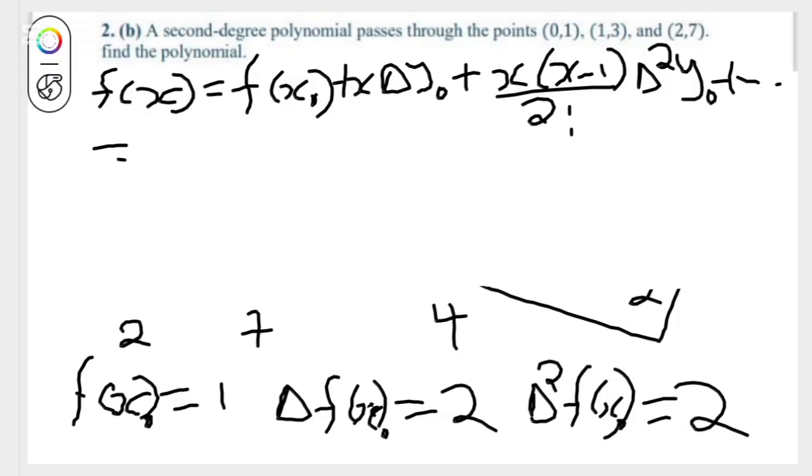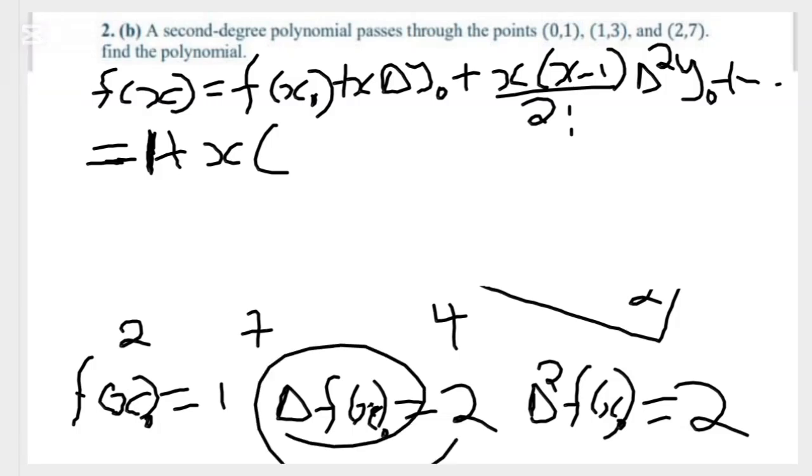So this will be equal to f of x naught, which is 1. So I'll say 1, and then plus this x. I have x here and I have the change, which is dy naught. My dy naught is 2.